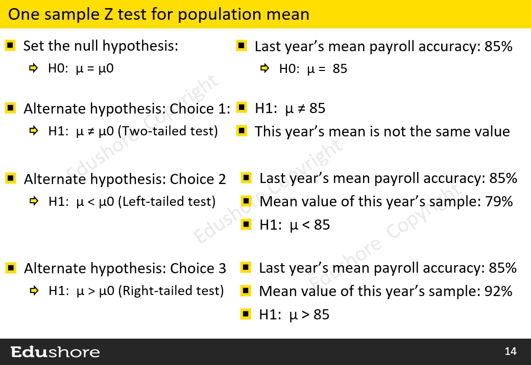H1 is mu is greater than 85, which means we are proposing the alternate hypothesis as the current year's mean mu is greater than last year's mean mu naught, which is 85. So, according to the given data, we choose one suitable alternate hypothesis. We will now see how to do the hypothesis testing for each alternate hypothesis scenario.